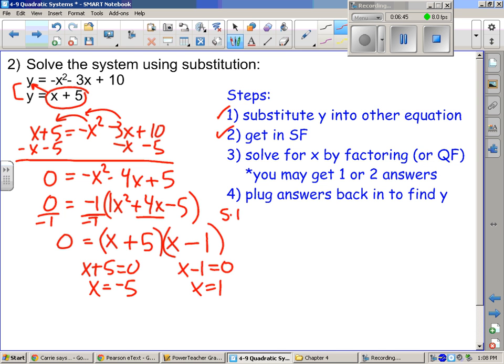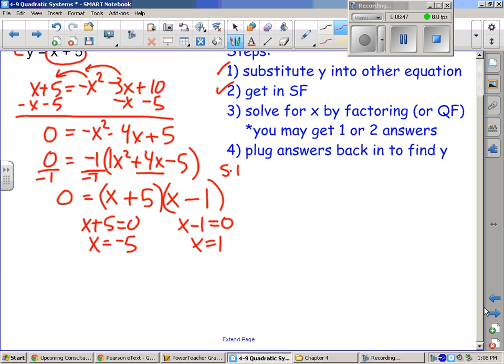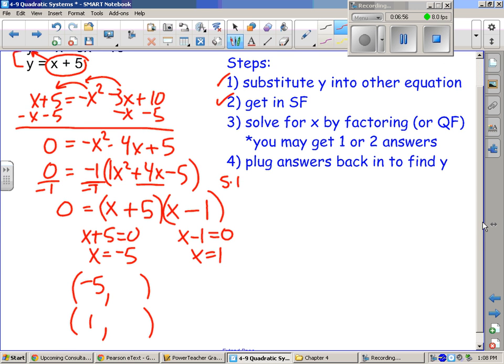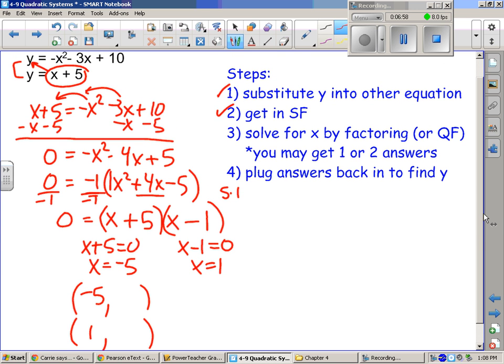Holy cow. So these problems get long. So I have negative 5 and I have 1. I need to find the y values. So what we normally do is substitute them back in. Should I pick the top one? Oh, heck no. Wow, that'd be a lot of work. Let's do the bottom one. Oh, that makes sense, because that's so much easier.